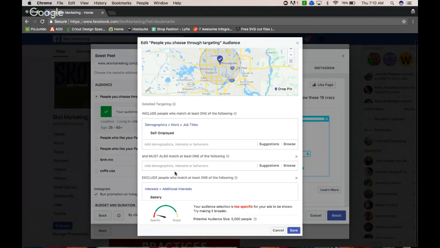You can also add, and they must also again follow this criteria. The difference between these two is that the main one I just walked you through is an and/or system. So it means that they can be considered all of these or just one of these. The narrow system is they must also match that, meaning they have to match something in there.